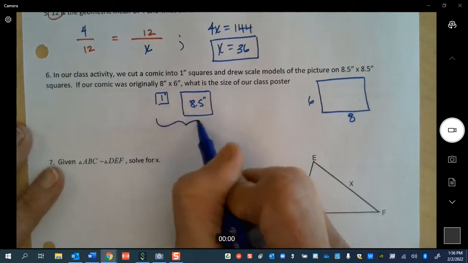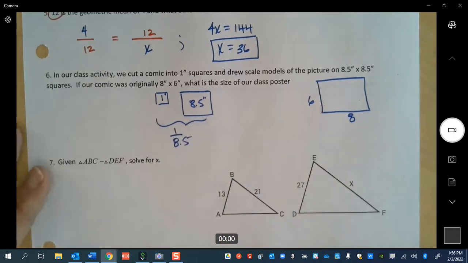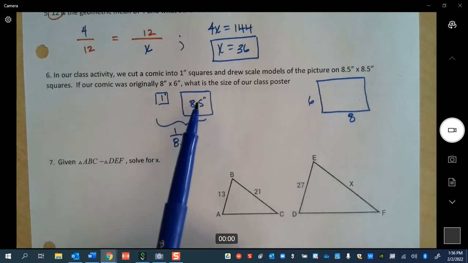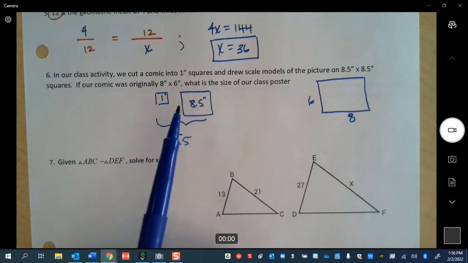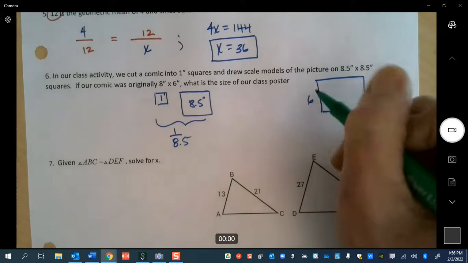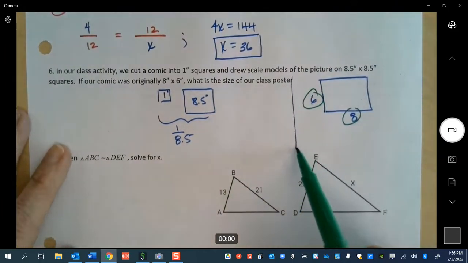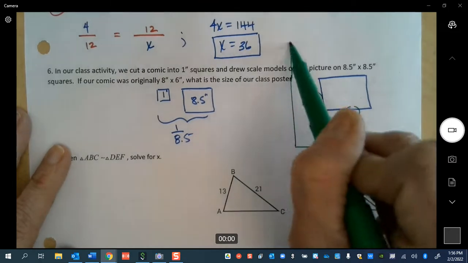This is our scale factor, 1 to 8.5. Now there's a difference between your scale factor and your scalar, because small to big was 1 to 8.5, but you need to think about, what do I need to do to each of these values to equal the size of our big class poster?